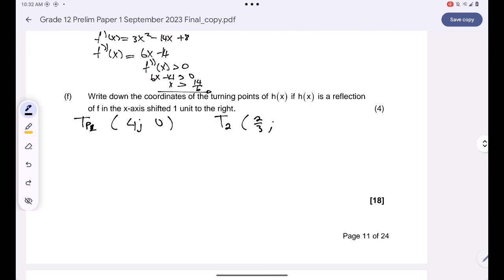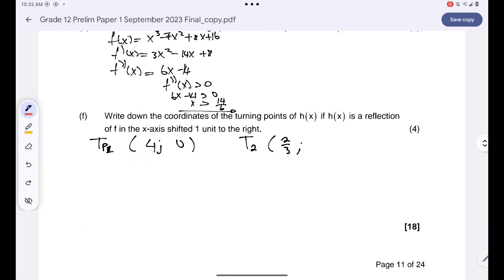Oh man, why am I going up there? Remember, the equation simply says f of x is equal to x cubed minus 7x squared plus 8x plus 16. I want to find the y value if x is 2 over 3.